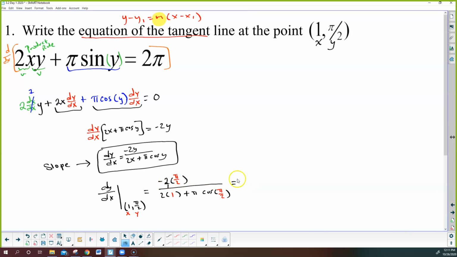Well, the 2 over 2's go away, and I'm left with negative pi up top. And on the bottom, the cosine of pi over 2 is 0, which just leaves negative pi over 2. And there's the slope that we're looking for.